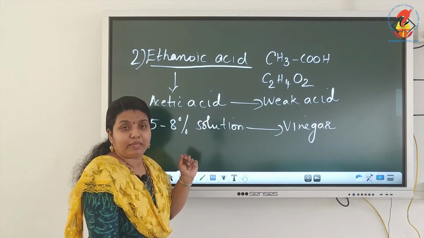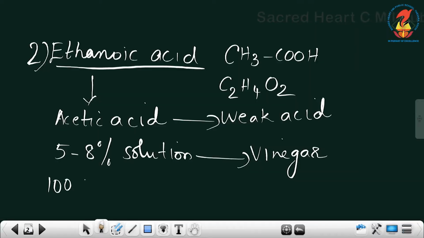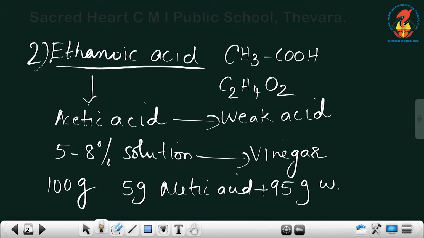What do you mean by a 5 to 8% solution of acetic acid? So total 100 gram, that is 5 gram acetic acid plus 95 gram of water.